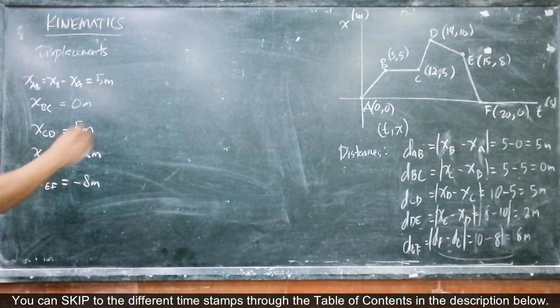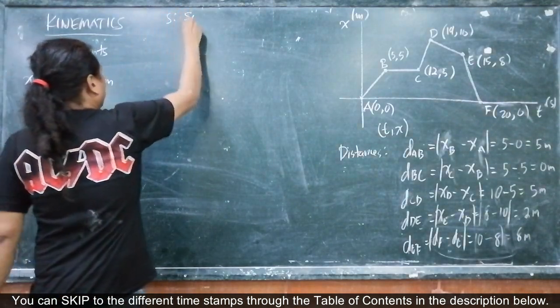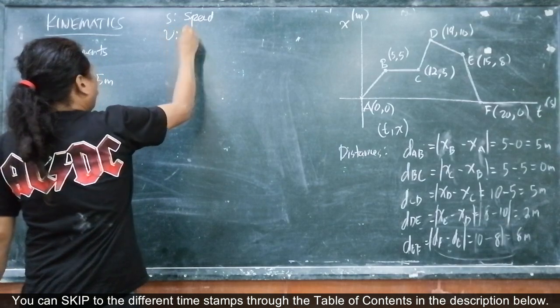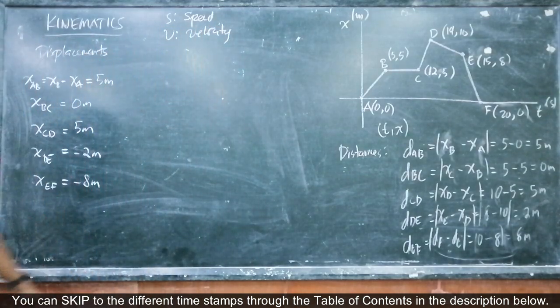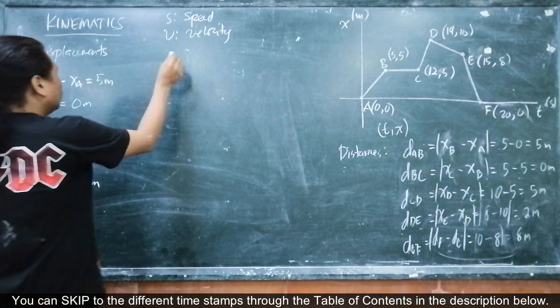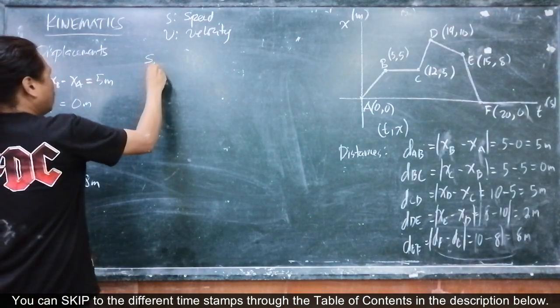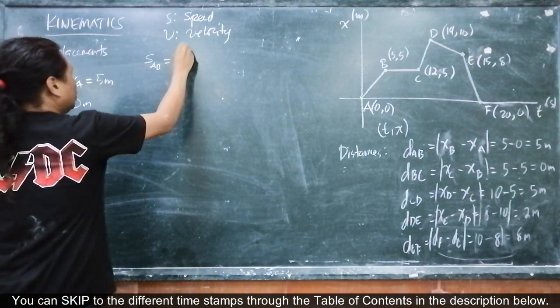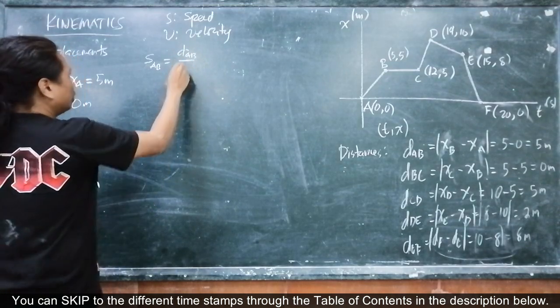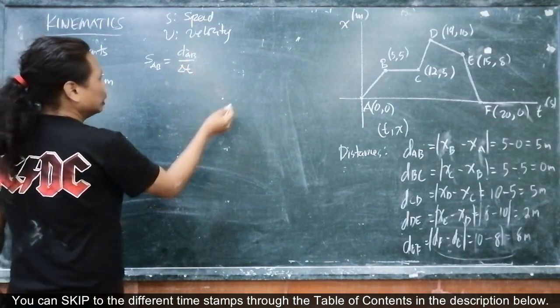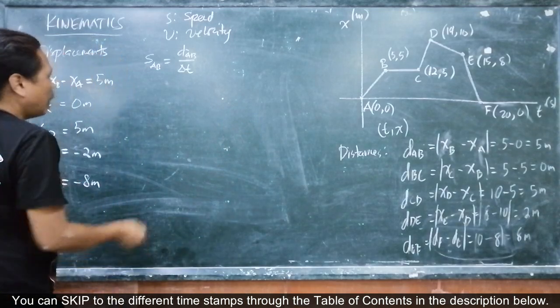Now, let's use S for speed and V for velocity. Okay? So, that means that SAB would just be DAB over the elapsed time, no? Let's call this delta T, TAB.